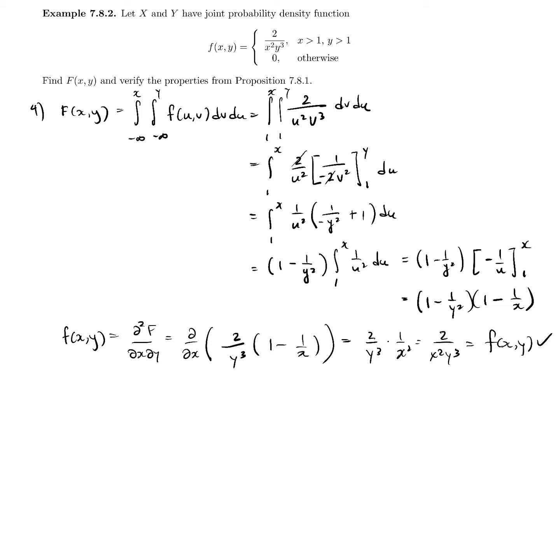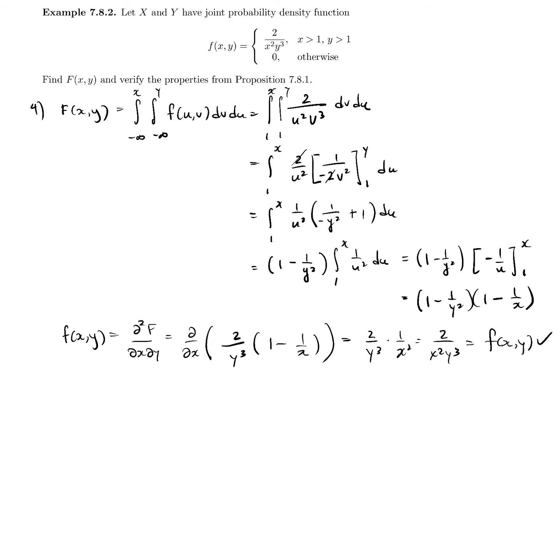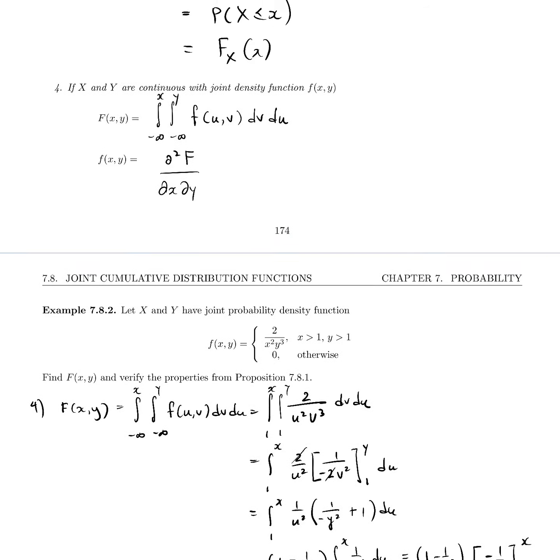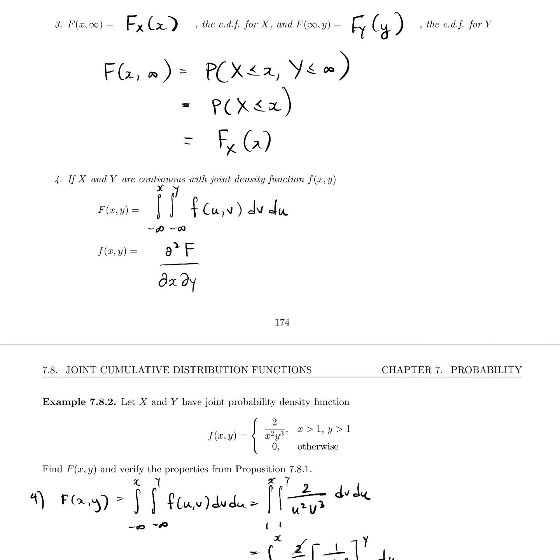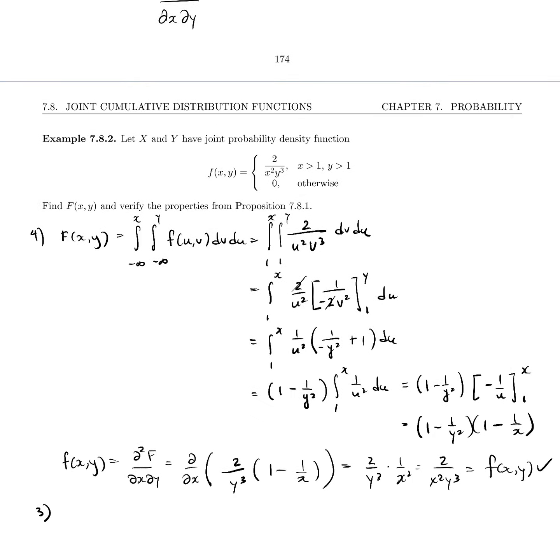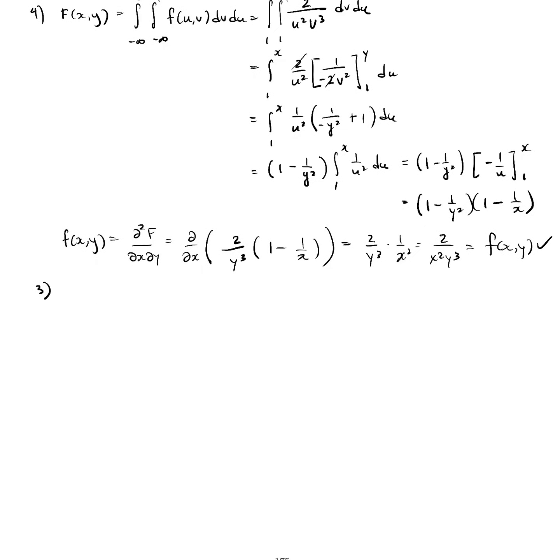So that verifies. Now, we're going to look at property 3 as well, and property 3 was about the marginal CDF. So we'll only do one of them. We'll do F sub x of x, and we're going to find it by the definition and then compare to the property here that if we take the limit as y goes to infinity of the joint function that we just found, we should get the same answer.